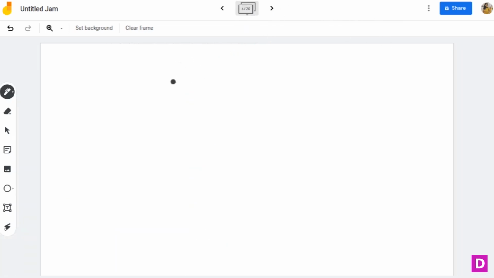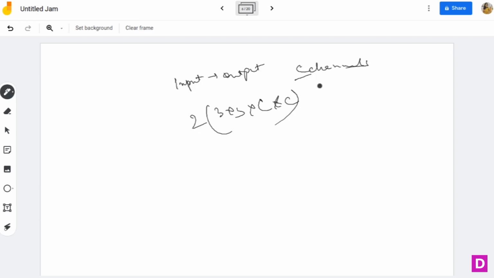Let's say we have input and output C channels. Then you have 2 into 3 cross 3 into C cross C. That means if you have C channels, 3 cross 3 is your kernel size and you are using 2 convolutions one after the other, this is the number of parameters.